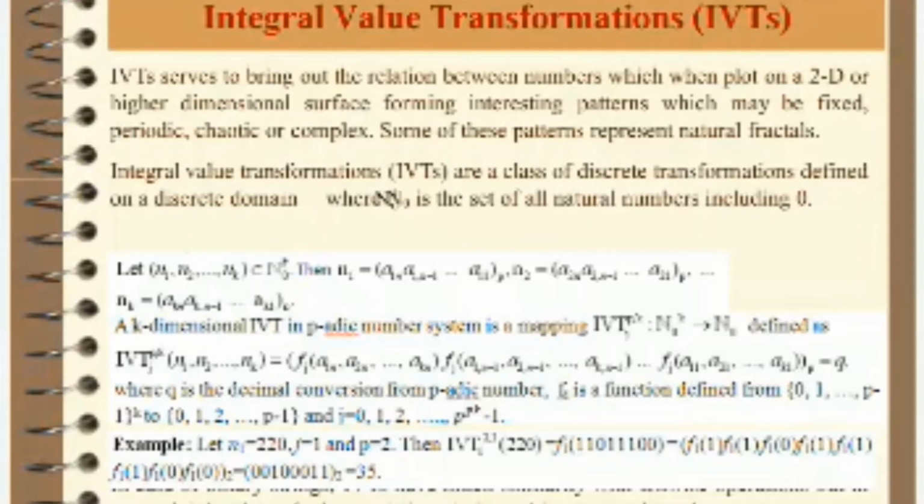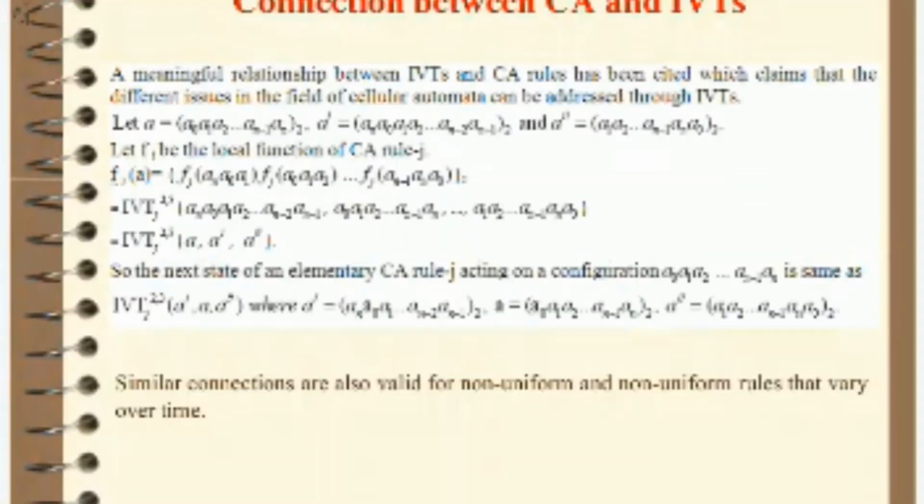And then we have given a connection between the cellular automata and IVT. So we have considered 3 strings: one is A dash, another is A, and another is A double dash. And we have proved that the output obtained due to action of CA rule J on A is the same as the output obtained due to IVT p,k,j on A dash, A and A double dash.